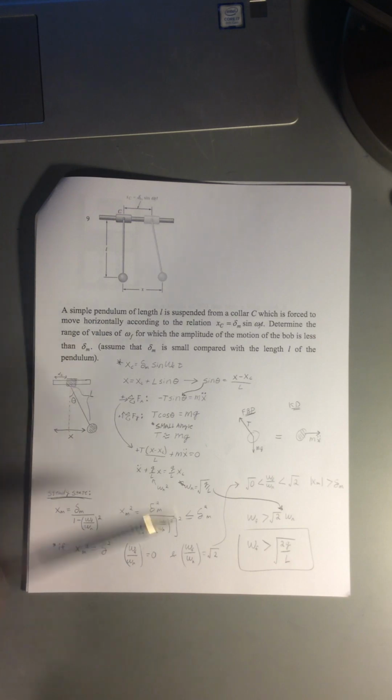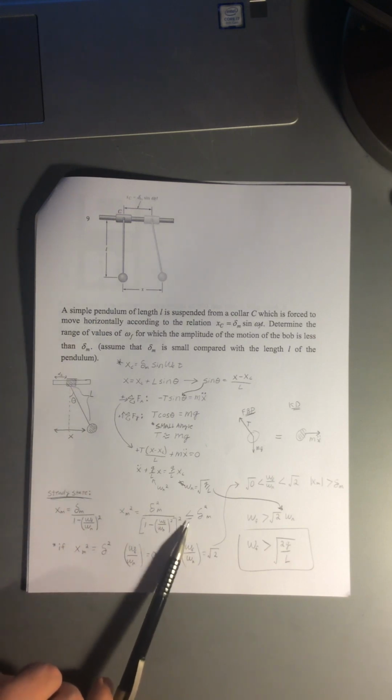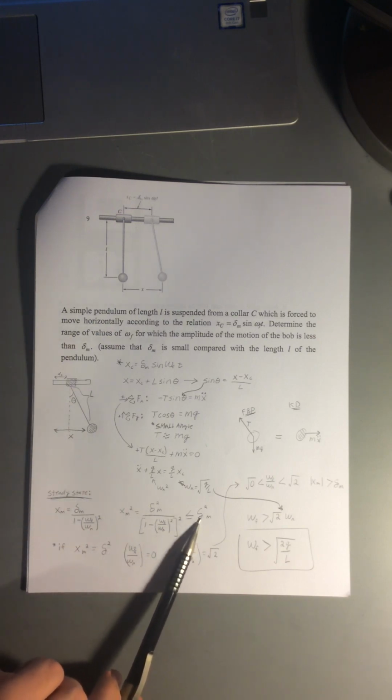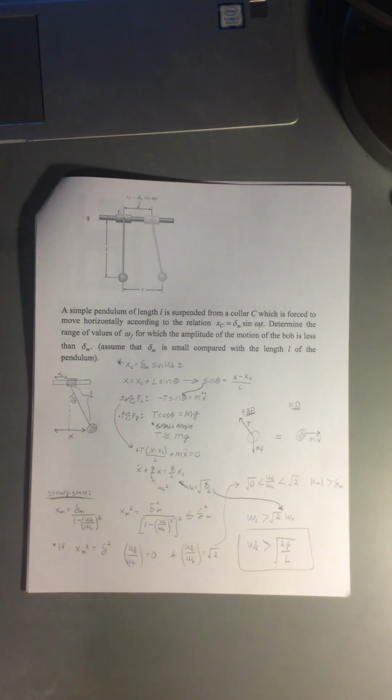To find that, we need to set this less than the delta term squared. Squaring it just makes sure we're not dealing with negative numbers there. We make the assumption that if this x squared term is equal to this, then what will this ratio of omega sub f over omega n be?